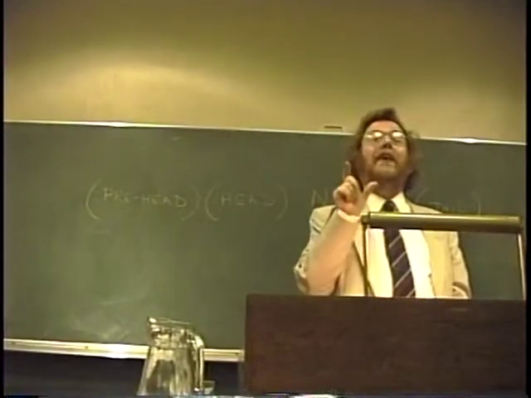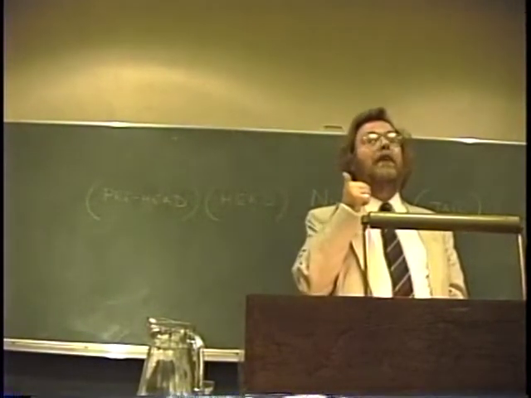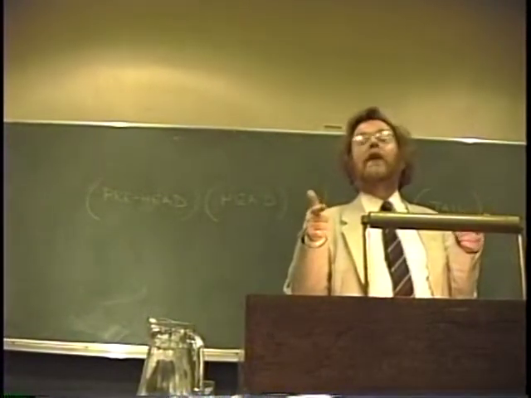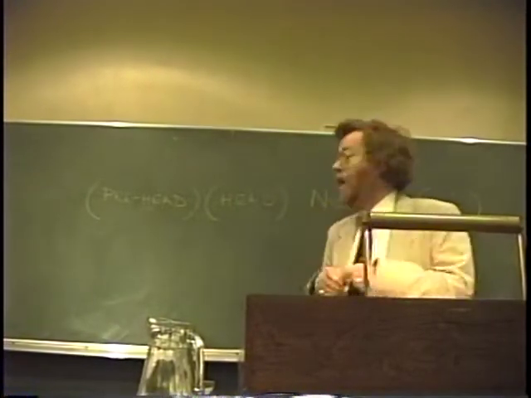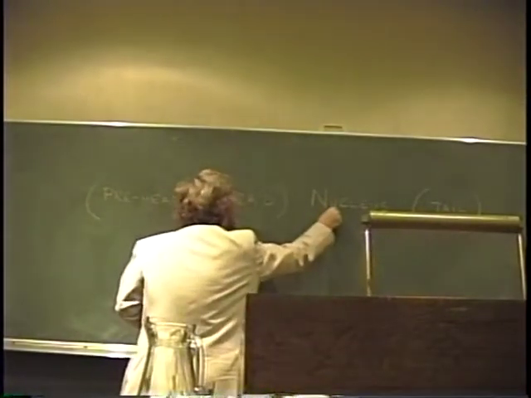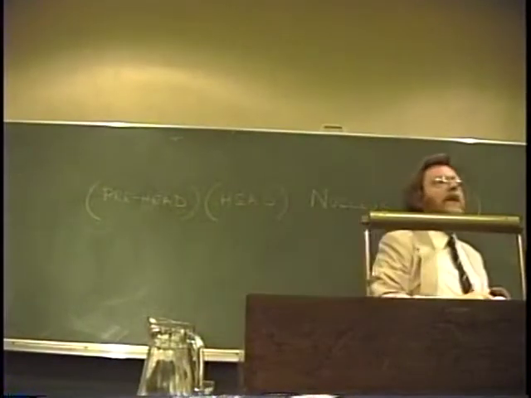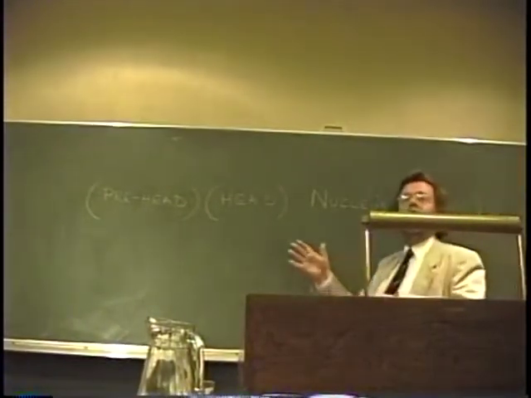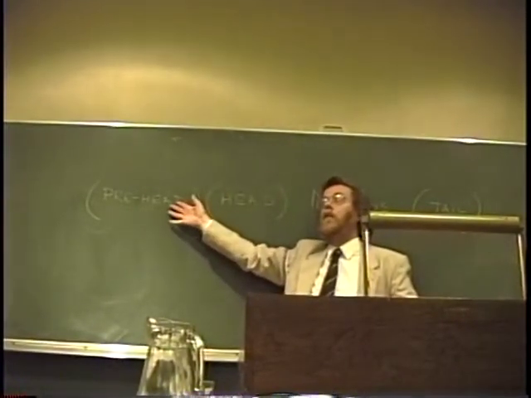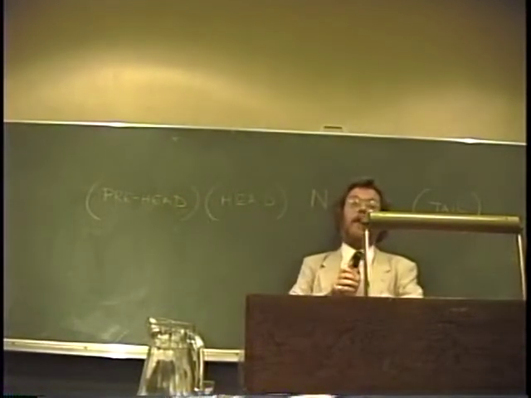Now, of course, the first accented syllable could be the nucleus, all right? So if there is no head, you can still have some unaccented syllables before the nucleus, and that will still be a prehead. So you can have prehead head nucleus, or prehead nucleus, or head nucleus. So there are no restrictions on what can occur with what at all. You can have a prehead without a head, you can have a head without a prehead, you can have both, or you can have neither.